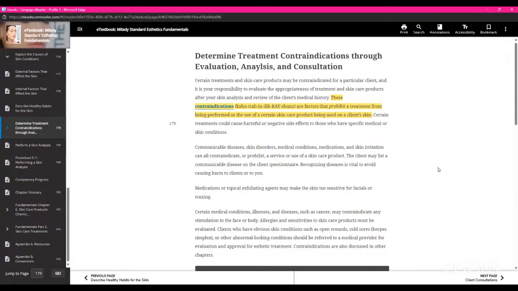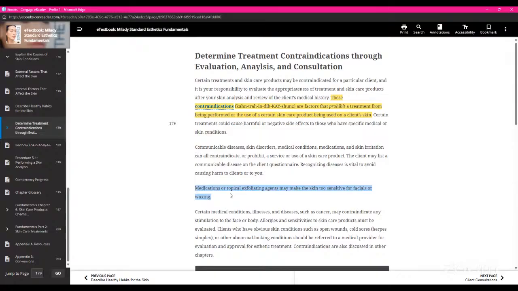Medications, topical exfoliating agents, make the skin very sensitive for facials and waxing. Those are certain contraindications where we cannot perform those services. If someone is seeing a dermatologist and using retinol creams, no, they cannot get wax services. Those creams are very penetrating. They sit in particular areas.